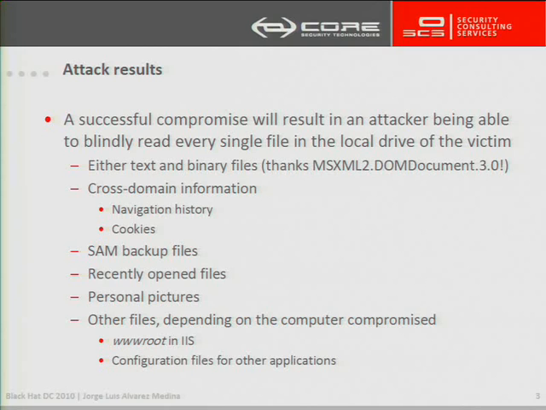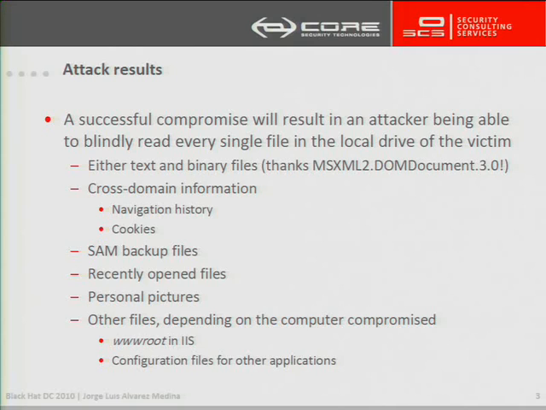Those files include binary files and text files. You can access also cross-domain information such as cookies for the website you're visiting and all of the history files. Backup files in network administration environments are really common.